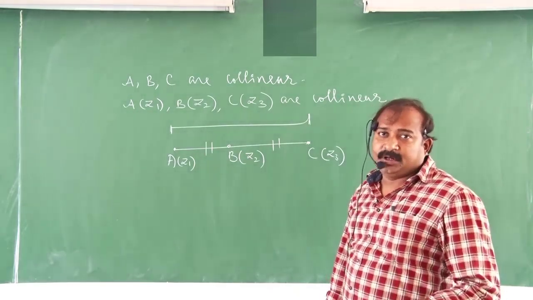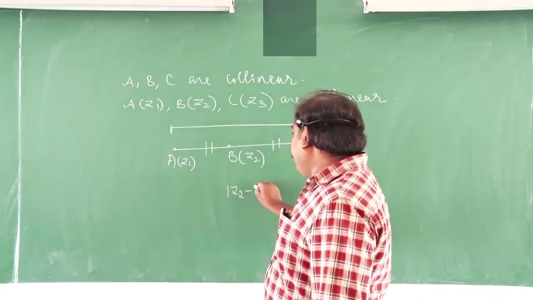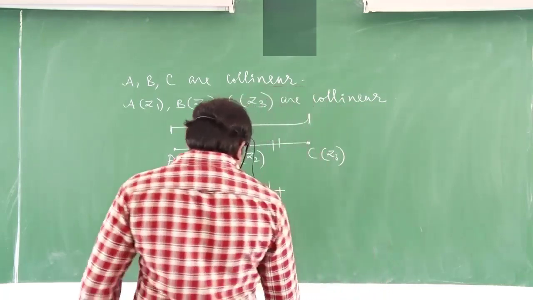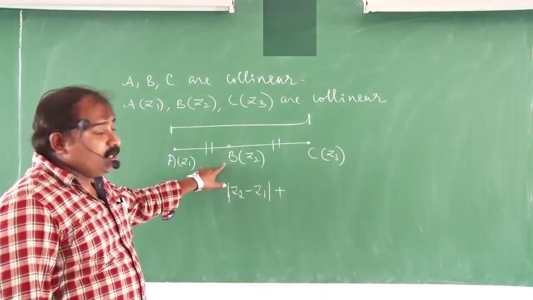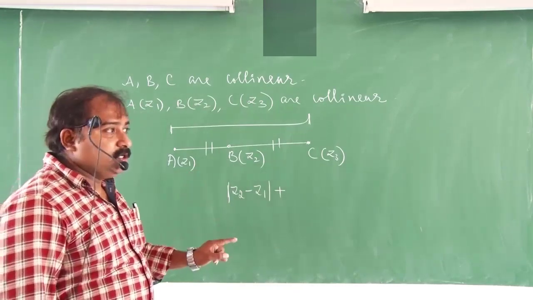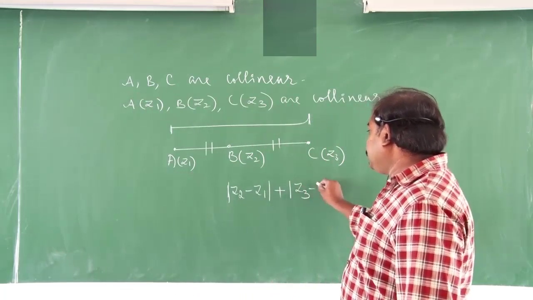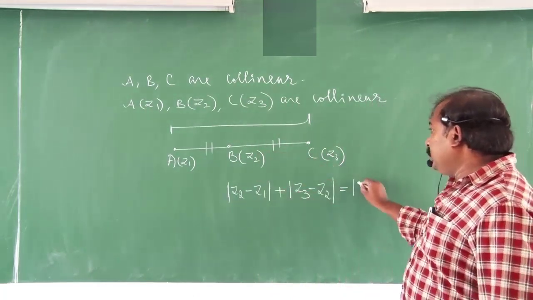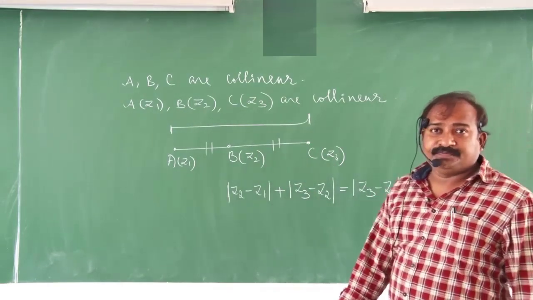Modulus of the complex number. So indirectly you will get modulus of Z2 minus Z1, which means the distance between these 2 points, plus next BC. What is BC? Modulus of Z3 minus Z2. The distance is equal to, what will the value be? Modulus of Z3 minus Z1.